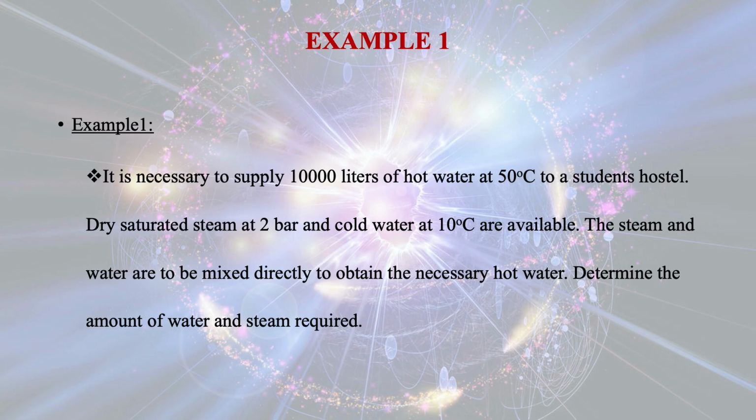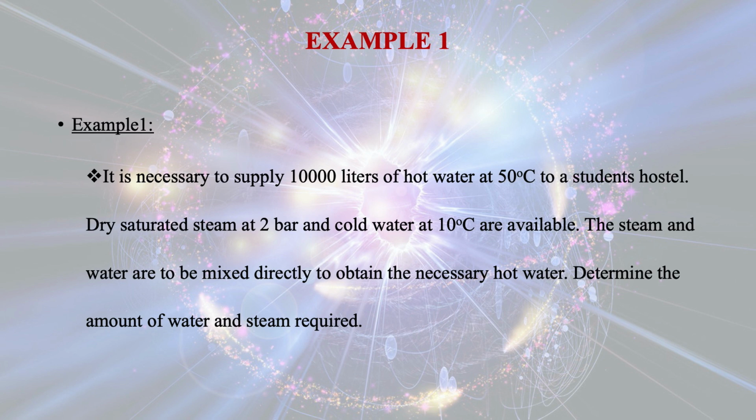Now let us solve a very interesting problem, and it will be clear to us how heat is transferred from hot bodies to cold bodies. The problem is this: it is necessary to supply 10,000 liters of hot water at 50 degrees centigrade to a student hostel. Dry saturated steam at 2 bar and cold water at 10 degrees centigrade are available.